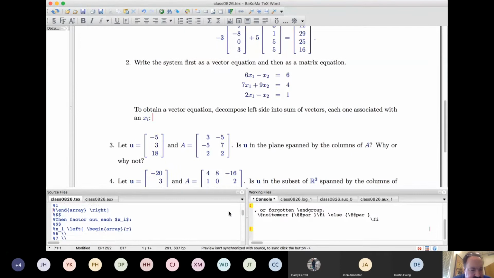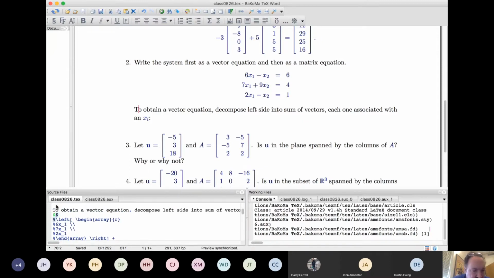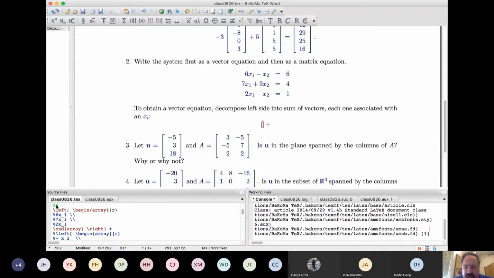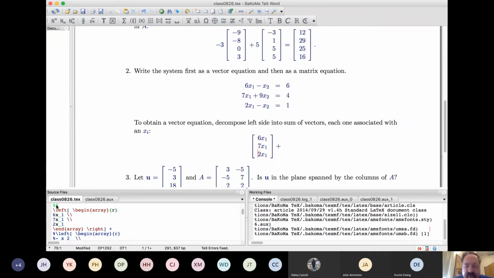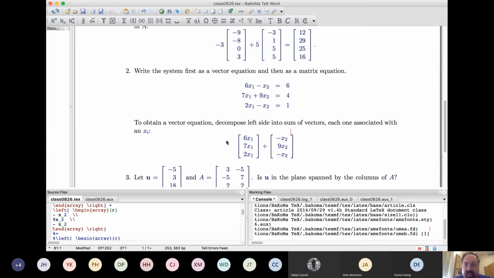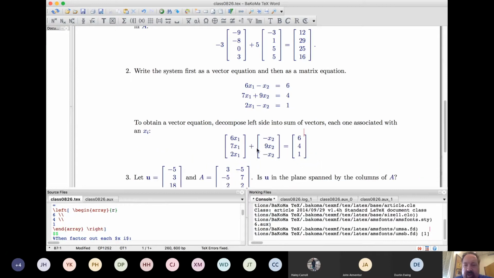All right. So what happens here is, for the first unknown, every term involving x1, we write those separately, and then the second vector, every term involving x2 from the left side, and then we still have the same right side.